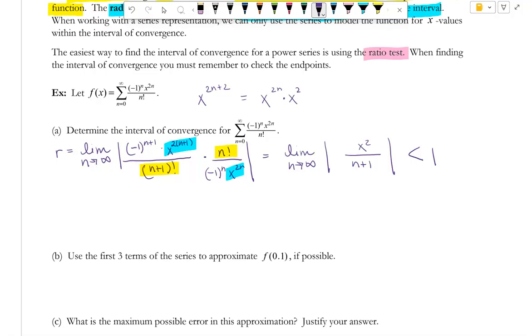Notice that this is a limit as n goes to infinity, and if I was evaluating this limit, I would plug in for n, not x. Because of that, we could pull the x squared out front. I'm going to keep the absolute value, although I don't really need to because x squared is always non-negative.